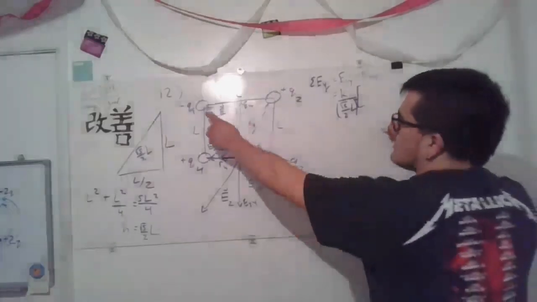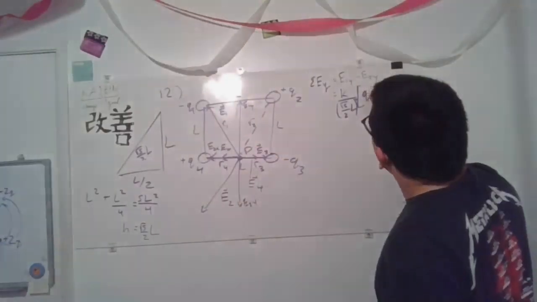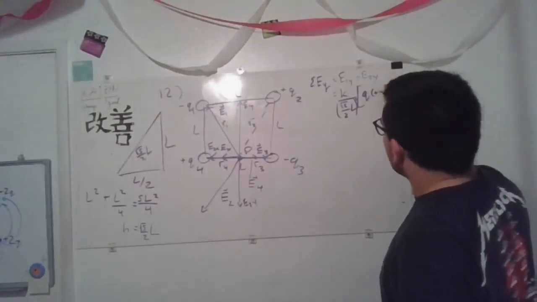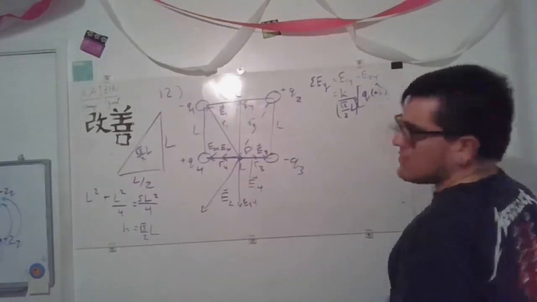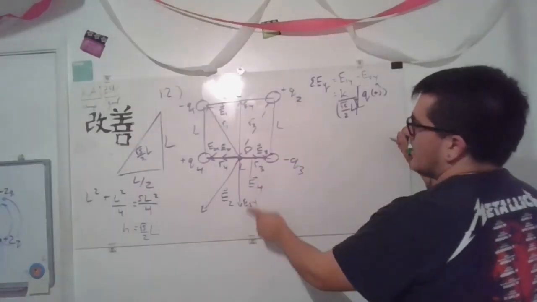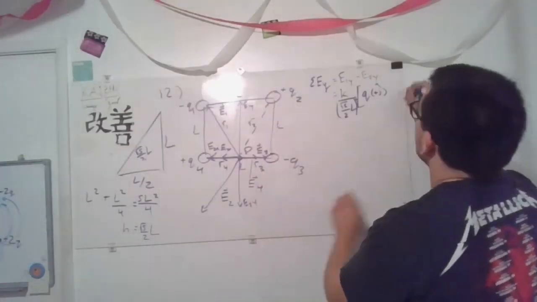E1y has Q in the positive j hat direction. E2y has Q in the negative j hat direction.